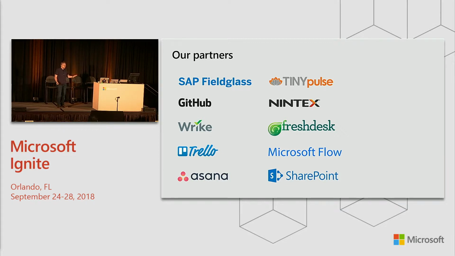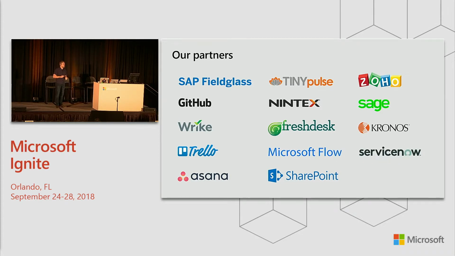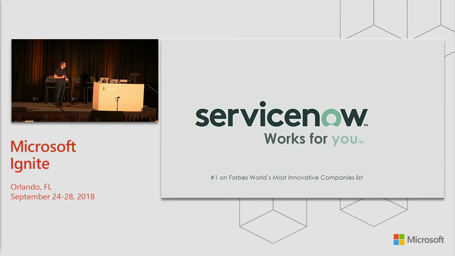Well, today I'm also very happy and proud to announce that a bunch of other partners have decided to engage and implement actionable messages scenarios, all in the area of workforce empowerment, and Zoho is one of them. Sage is another one, Kronos, and we'll talk about these a little bit more in a few seconds, but we also have ServiceNow joining us with actionable messages.